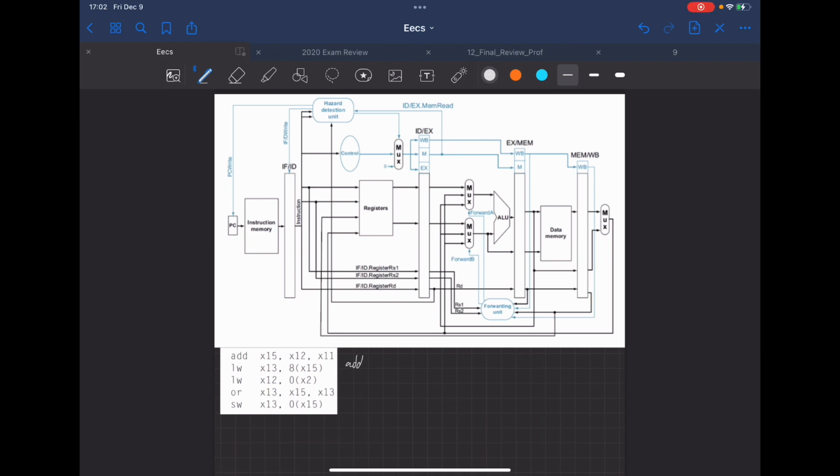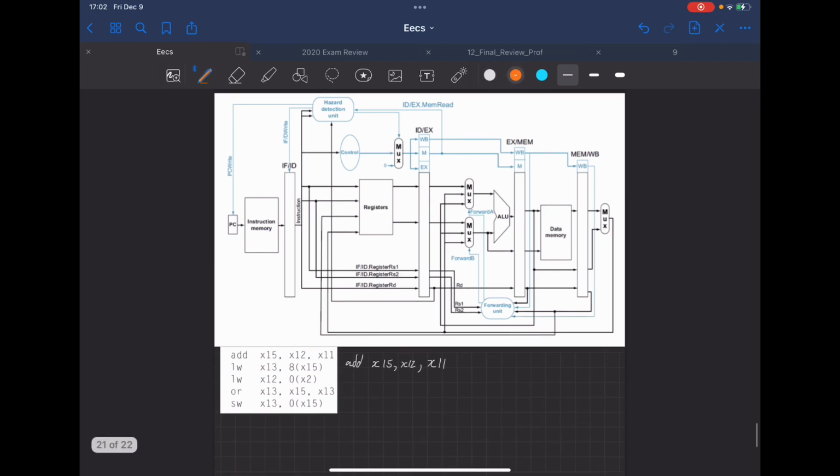We'll have a first instruction, X15, X12, X11. Now we need a no-op, because this is being used here, so we have to make sure that it is available after the write back phase. So we're going to insert one no-op.